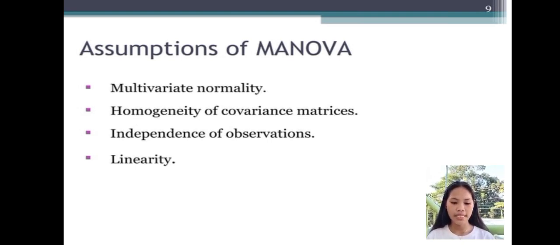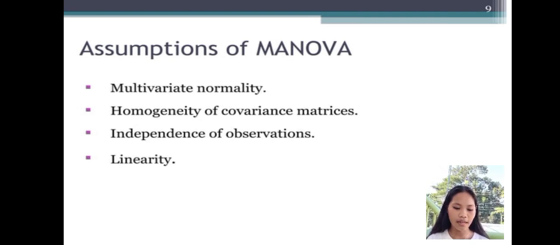Covariance matrices across groups have to be roughly equal, which is homogeneity of covariance matrices. Observations must be independent. Finally, a linear relationship should exist between the dependent variables and independent variables. Violation of these assumptions can compromise the validity of MANOVA results.